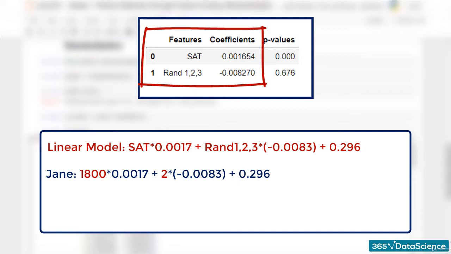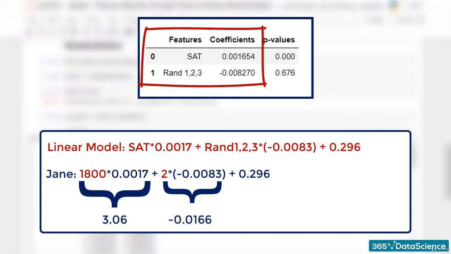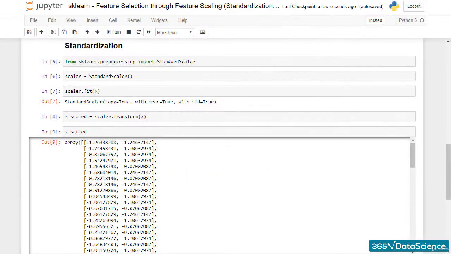Obviously, the SAT expression is contributing a lot more to the final expression overall, as 1800 times 0.0017 equals 3.06, while 2 times minus 0.0083 equals 0.0166. However, by looking at the coefficients alone, one might be deceived. This issue is overcome through feature scaling. Having all inputs with the same magnitude allows us to compare their impact.